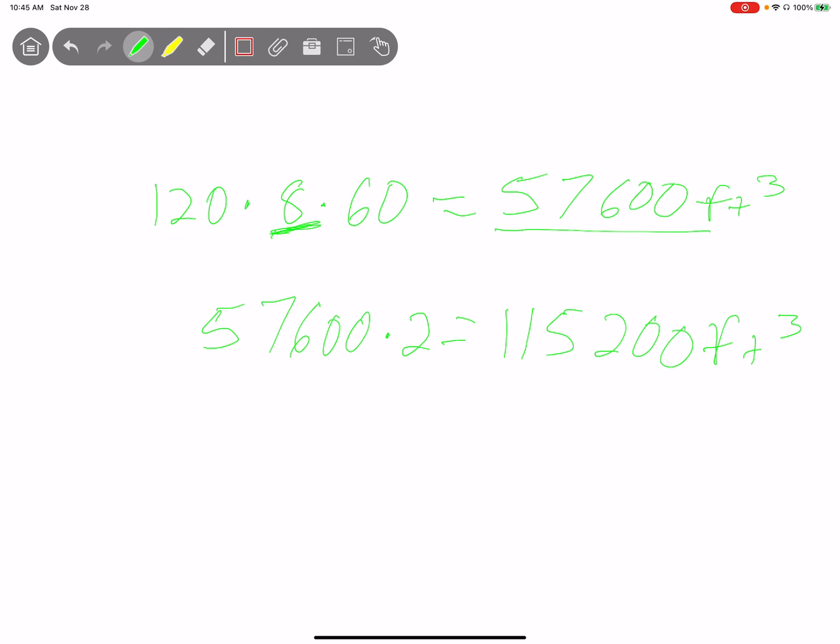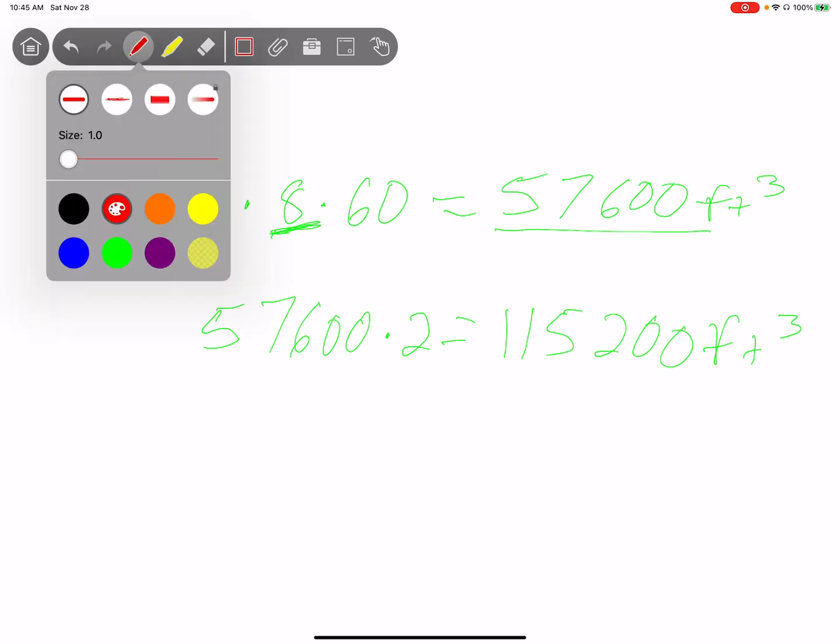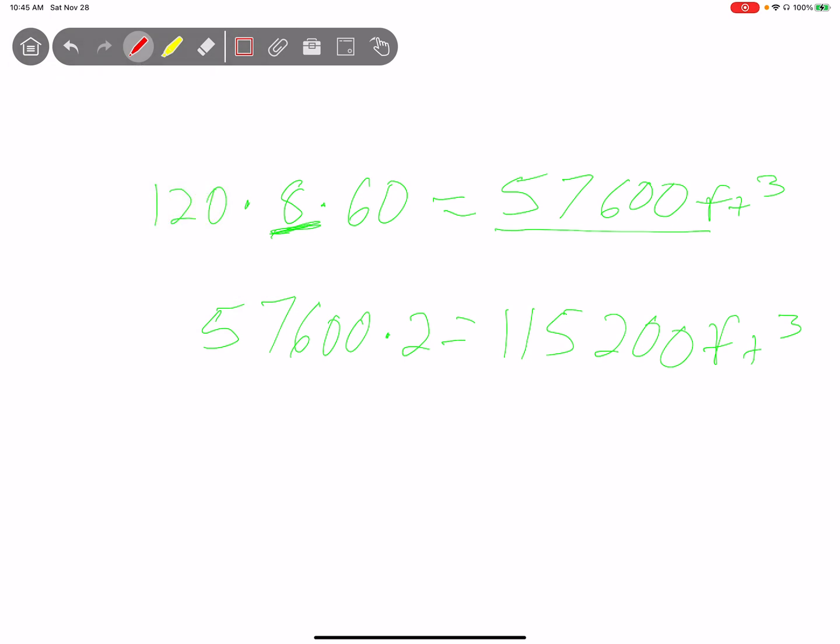Now, why is that? Well, think about it. It doesn't matter what order you multiply in, right? So if I did 2 times 8 and then multiplied times 120 times 60, does it matter what order I multiply?